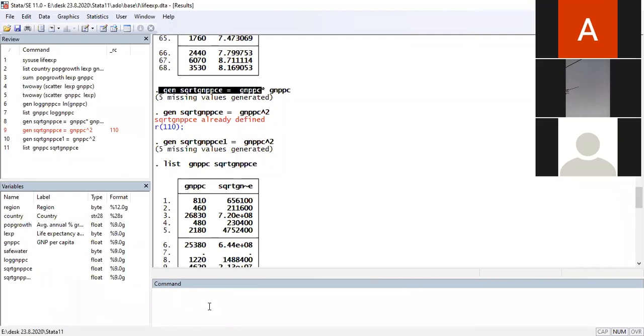Can you generate an inverse variable? Like if you want to say inverse of GNP per capita, how do you do that? Guess? INV?